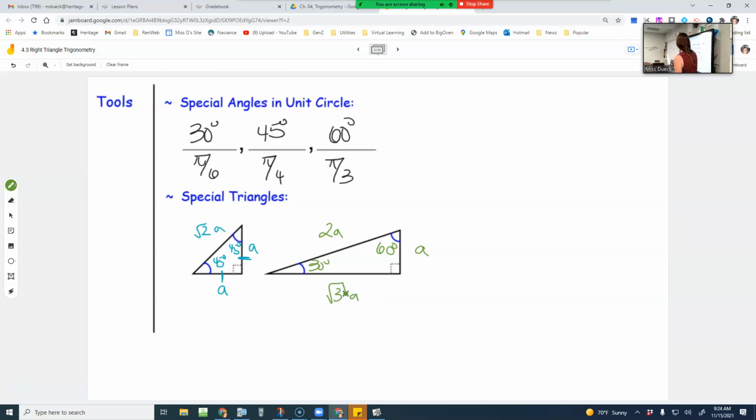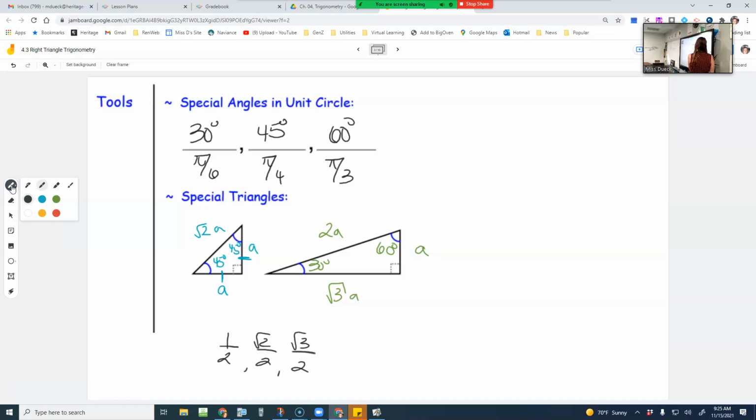That's exactly where we get, once again, those special numbers of 1/2, root 2 over 2, root 3 over 2. That's what happens when you take adjacent over hypotenuse or opposite over hypotenuse, when rationalized.